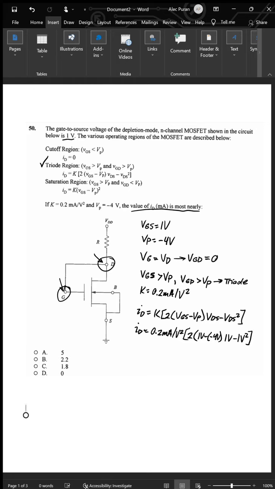And that gives us ID equals 1.8 milliamps after we do all the calculation. So that matches option C.